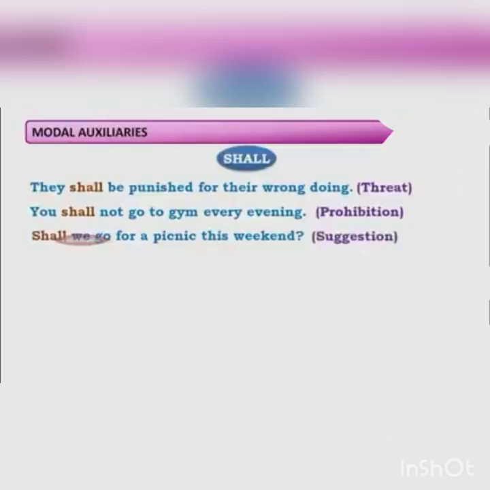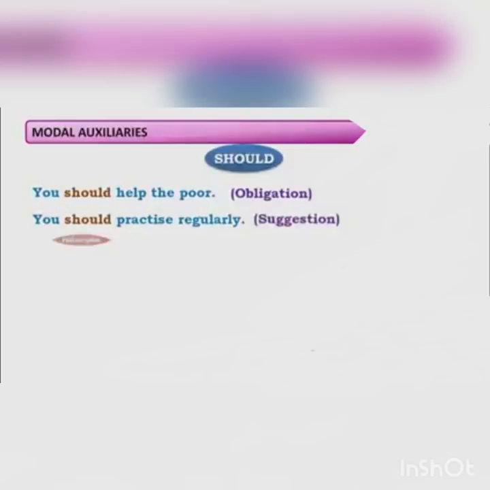Shall we go for picnic this weekend? Yes, it is a suggestion. So students, shall, this modal auxiliary has three functions here. Threat, prohibition and suggestions. So we need to know the different functions of each and every auxiliary.